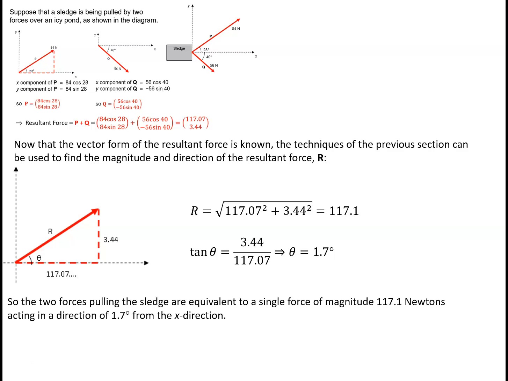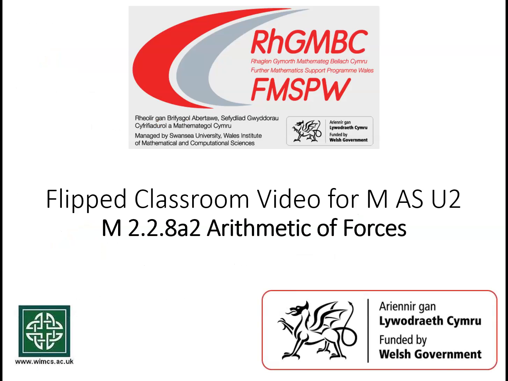So the two forces pulling the sledge are equivalent to a single force of magnitude 117.1 newtons, acting in a direction of 1.7 degrees above the positive x direction. So that concludes our look at the arithmetic of forces, and we'll be using some of these results later in the unit.